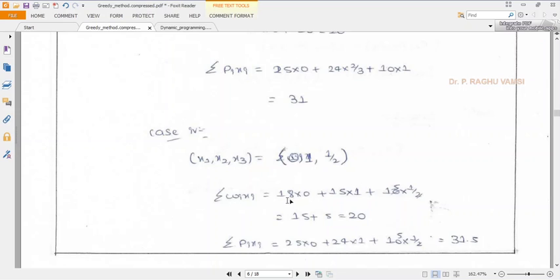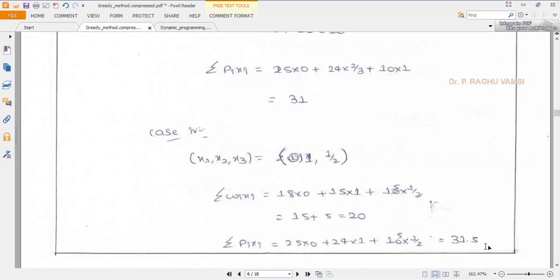So Wixi is 18 into 0 plus 15 into 1 plus 10 into 1 by 2, which comes up to 20. So this condition is satisfied. Now check for the profit: 25 into 0 plus 24 into 1 plus 10 into 1 by 2.